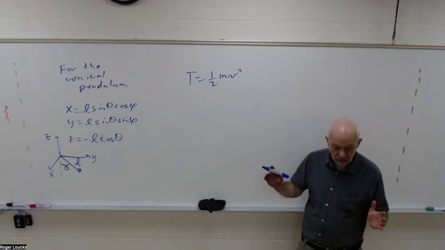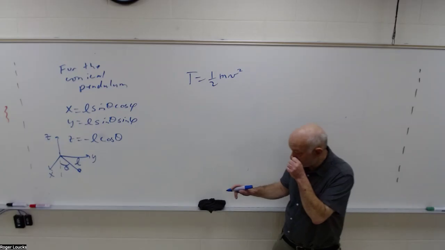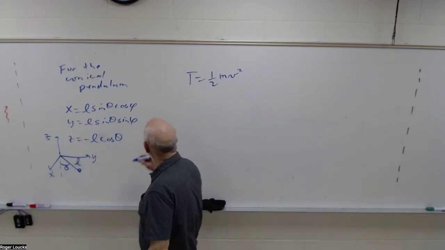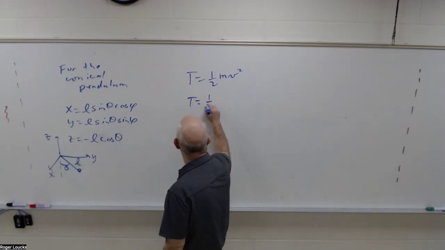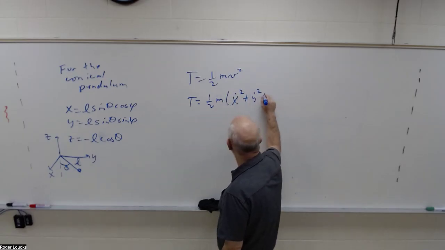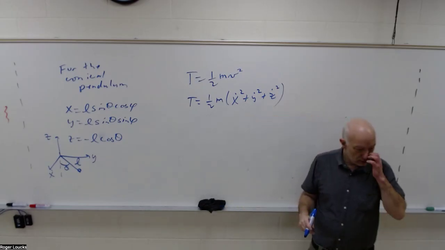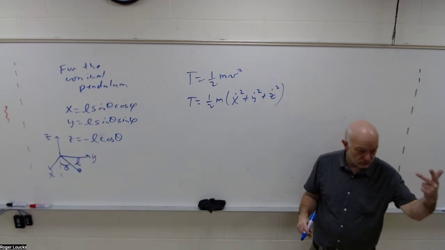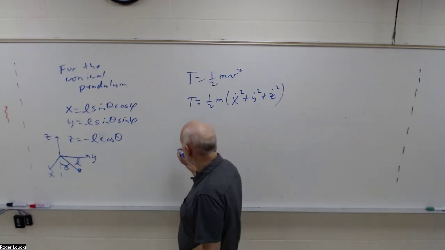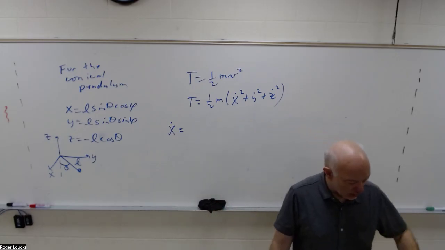Always start with these things in Cartesian, and always make certain you have a fixed origin. In this case, the fixed origin is just going to be the origin. So this is going to become x dot squared plus y dot squared plus z dot squared, which means we need x dot, y dot, z dot. So tell me about x dot.